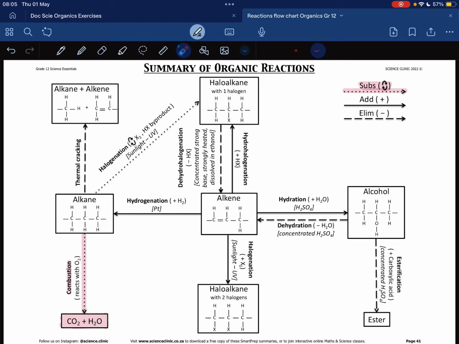So these are just things that you have to learn. It's part of what is required from you, and you can also find it all on the SAGS documents as well, so that you can see what exactly is needed.